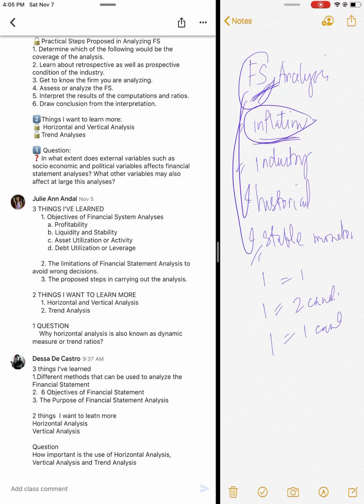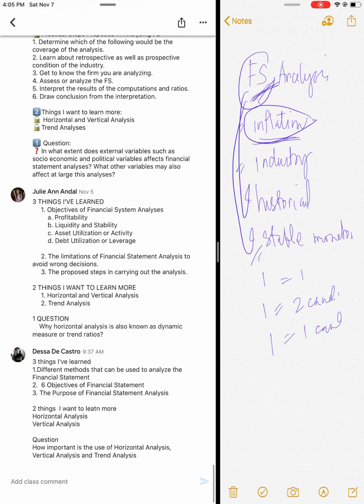What I can say is that analyzing your financial statements is important in making economic decisions for the users of financial statements. But how important it is, I cannot answer that with conviction, kasi it depends on the need of the user.